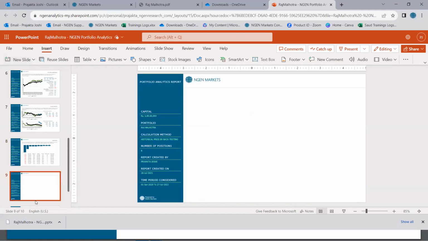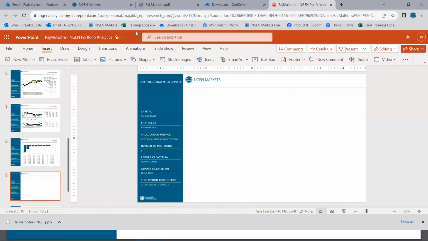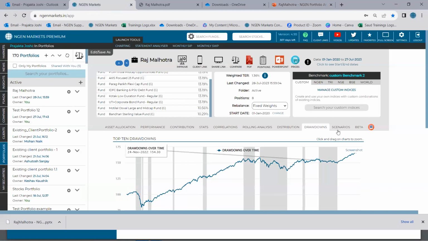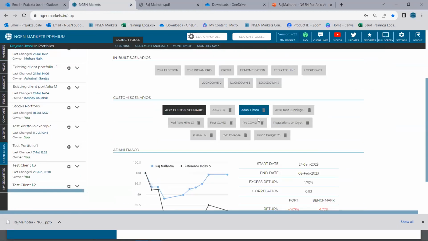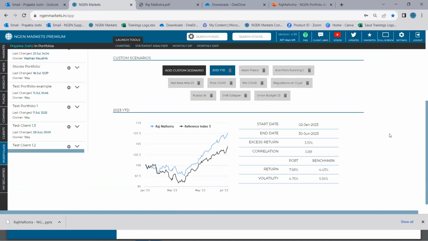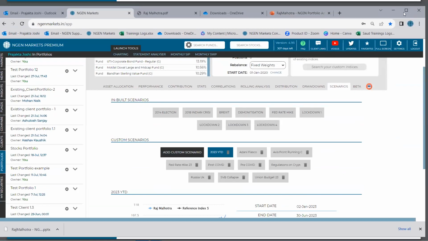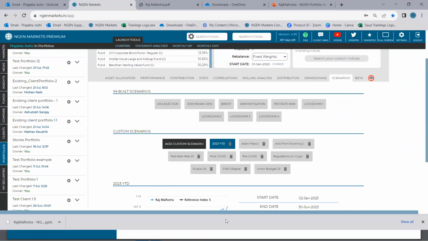Click on insert a new slide. Of course, the layout will be similar to what is there for the previous slides as well. And here is where you can actually introduce the scenario that you were trying to highlight. Okay, let's say a year-to-date scenario is something that you want to highlight. Just take a snip of this by clicking on screenshot, or alternatively, just by clicking on the detailed snapshot button.